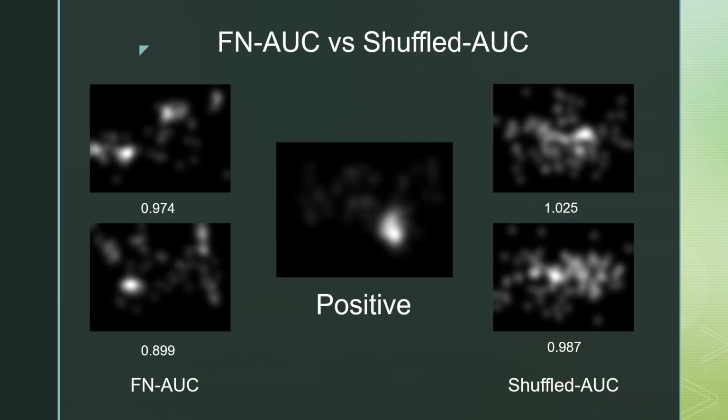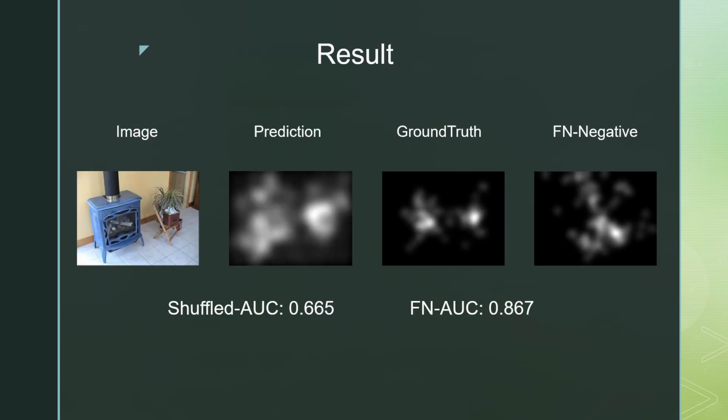As we can see, the negative side of shuffled AUC is always near the center without considering where the positives are. However, our method can sample a more directional negative side. Therefore, our ratio values are always lower than shuffled AUC. Finally, we show an example that FN-AUC and shuffled AUC most disagree with.